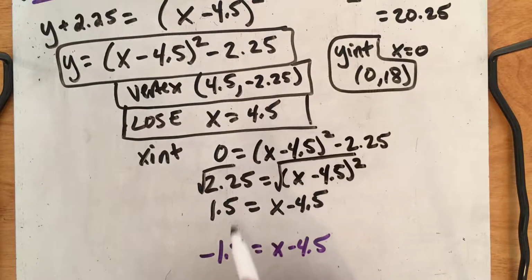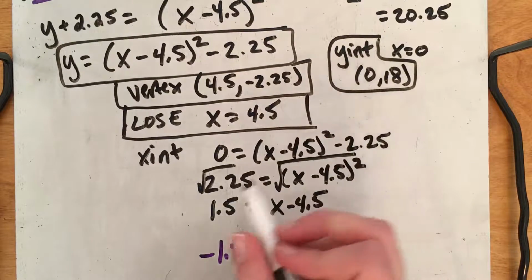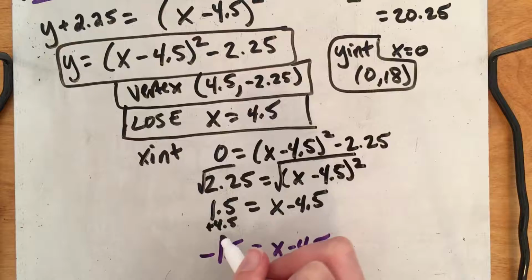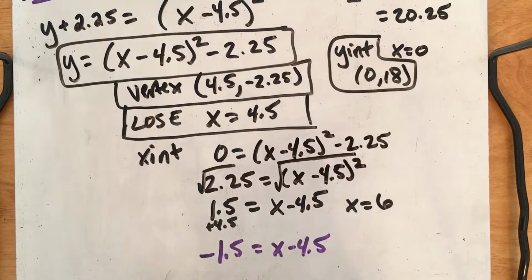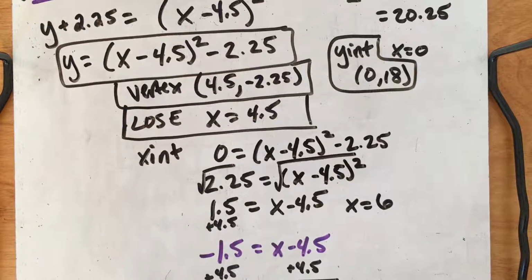So that's how we're going to get 2 different answers for our x-intercepts. So if we add 4.5 to both sides, I'm going to get x is worth 6. And if over here I add 4.5 to both sides, I'm going to get 3.